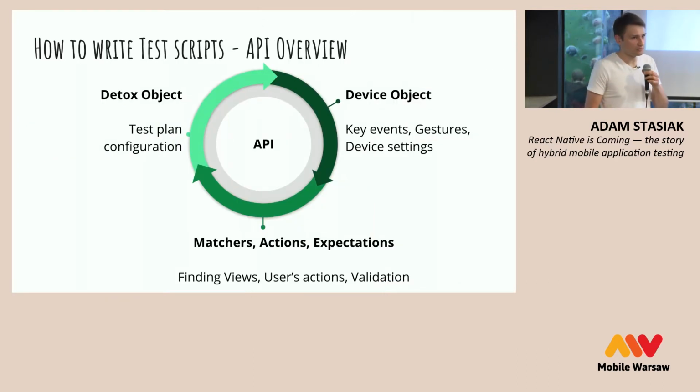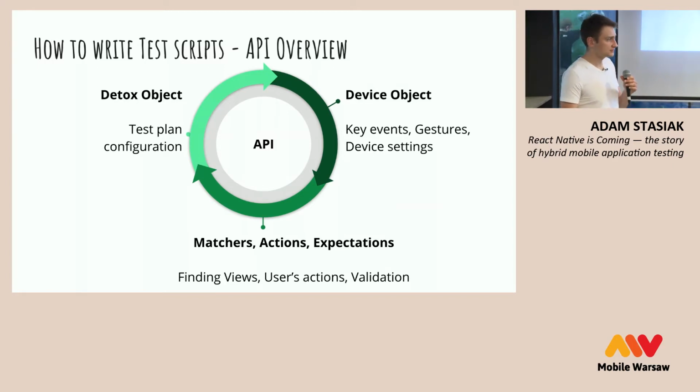Due to limited time, I will not talk a lot about the API of Detox. I will just mention the most important parts. The first one is the detox object, which allows us to configure our test plan. So we have some methods for preparing our test suite. Next is the device object, which allows for writing code for implementing key events, gestures, and device settings.